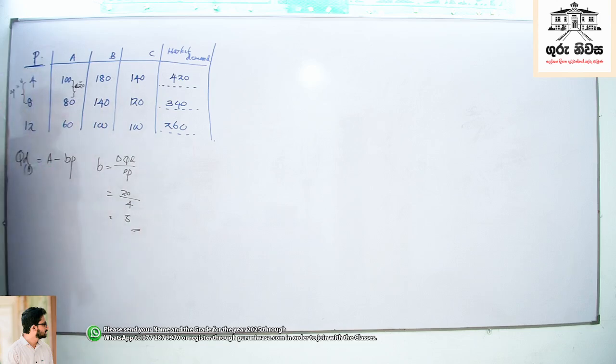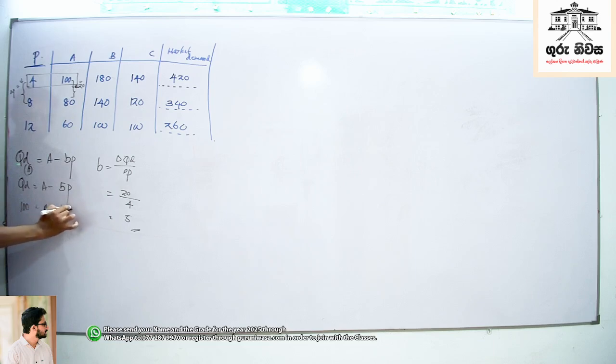This is the slope. Then QD equals A minus 5P, substituting 5 for B. Then you can choose any point on the table. For person A, I'll choose the first point. At price 4, demand is 100. Person A is willing to buy 100 units.